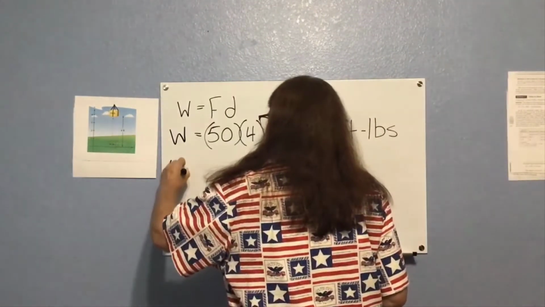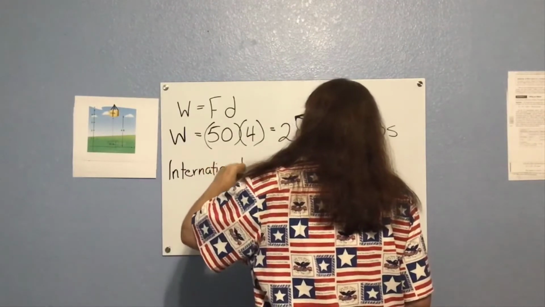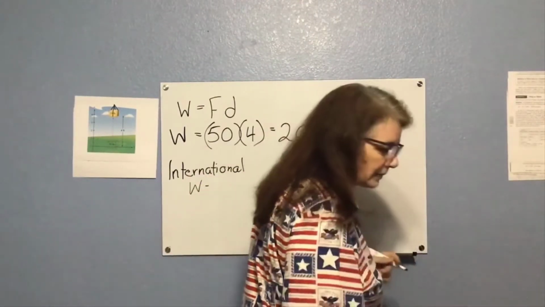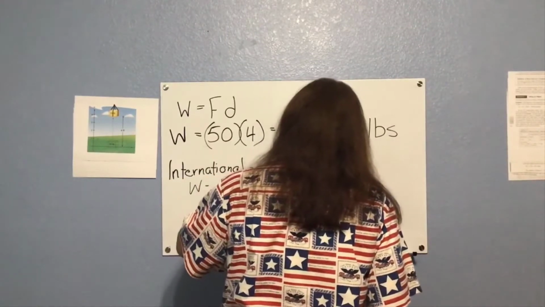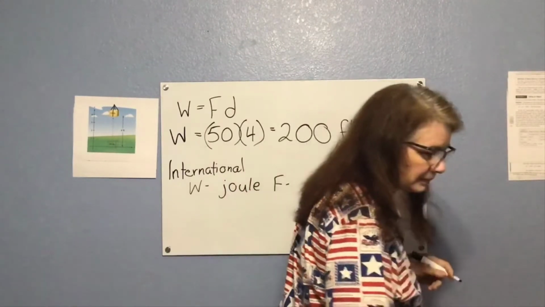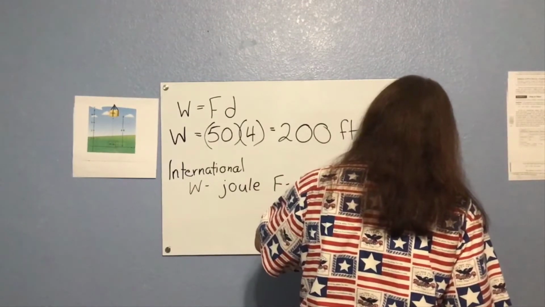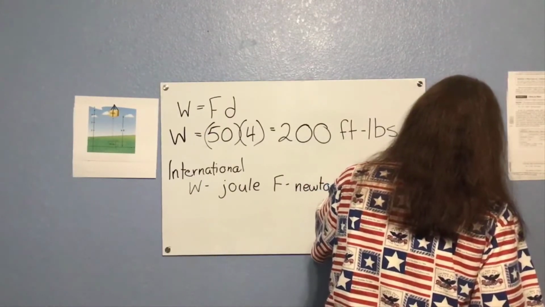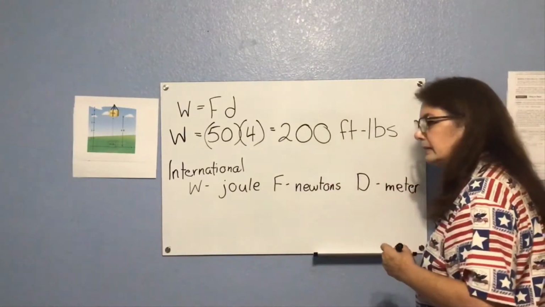Then the international system of units, where the work is in joules, the force is in newtons, and the distance is in meters. And we call that the international system.